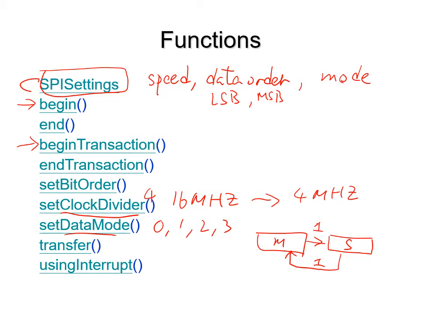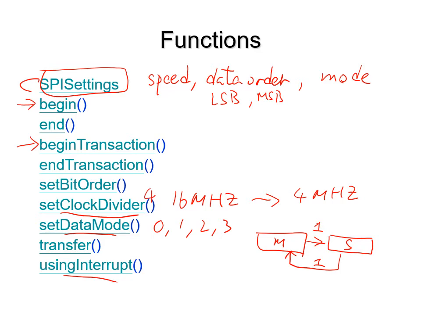Okay, and finally, you may use interrupts during the transmission. When using this function, that means the SPI device can be interrupted. And when another device calls an interrupt, it will stop the transmission, so that the Arduino will serve the interrupt routine. Okay, after the interrupt routine is completed, it will return back to the SPI transmission.